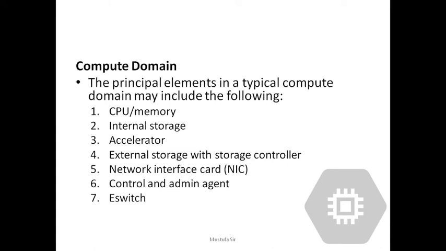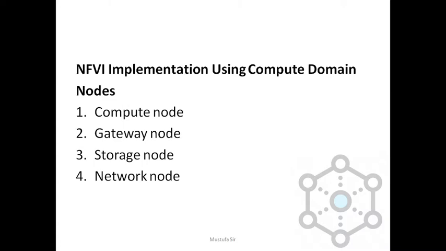The E-switch function is implemented in the compute domain and forms an integral part of the infrastructure. It is used for switching purposes. Eighth is compute storage, and the last is the compute execution environment. This is the execution environment where the hypervisor software resides and virtual machines can be created, in the compute domain.